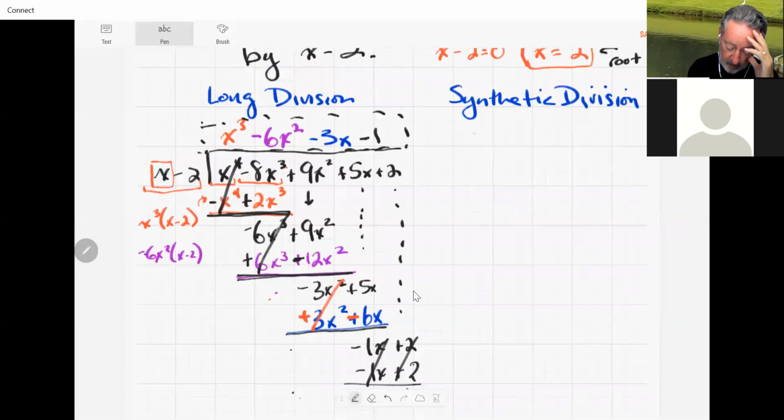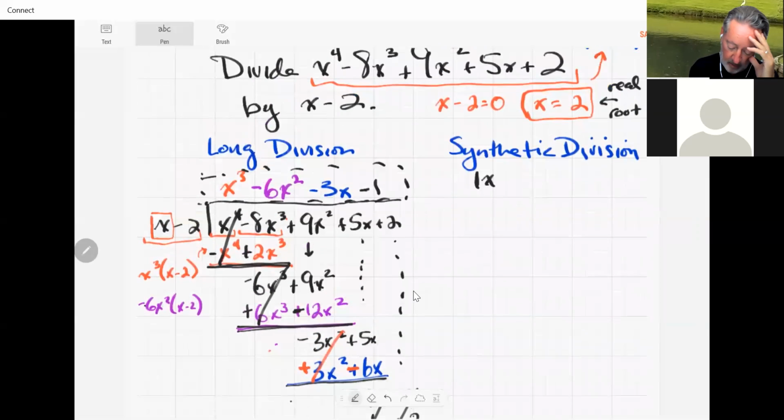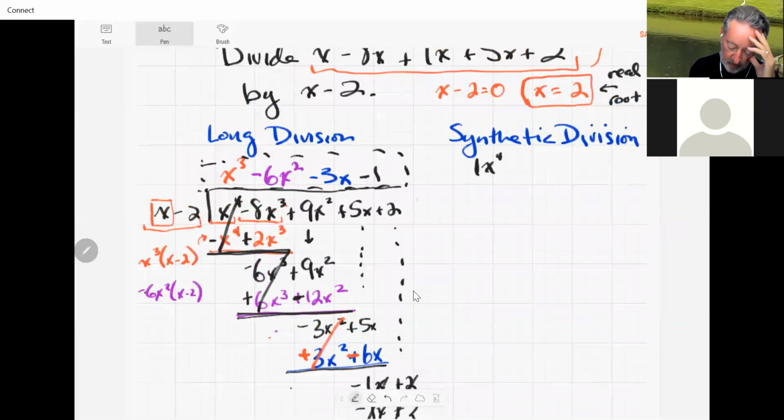Now, is there a way to do that without doing all of this? Yes. It's called synthetic division. I'm going to put a 1 here, so we have 1x to the 4th. I'm going to put this up here: 1x to the 4th minus 8x cubed plus 9x plus 5x plus 2.